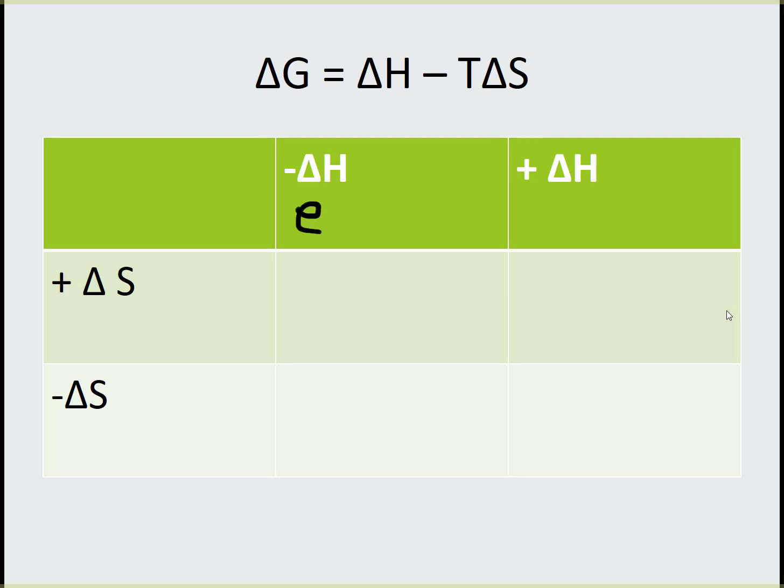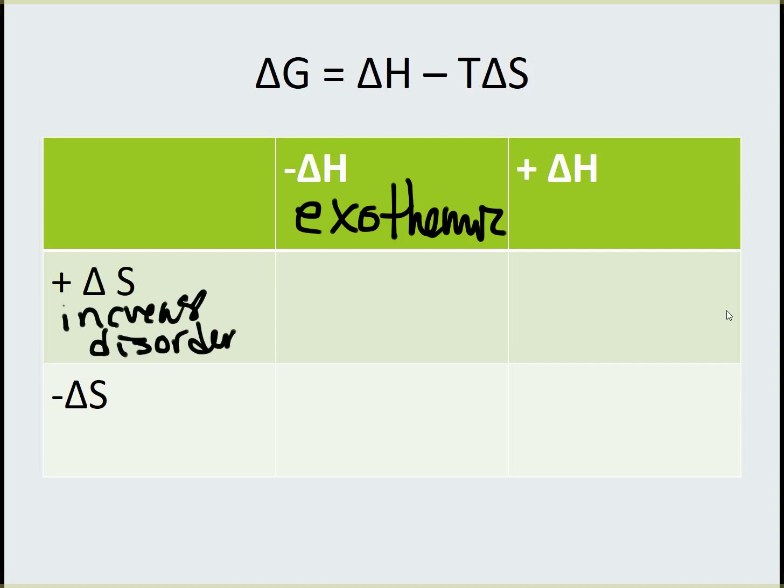So I put exothermic here, and I put our increased disorder here. So these are the ones that nature favors. And so if a chemical reaction has both of these, it's both exothermic and increasing disorder, it will always be spontaneous.